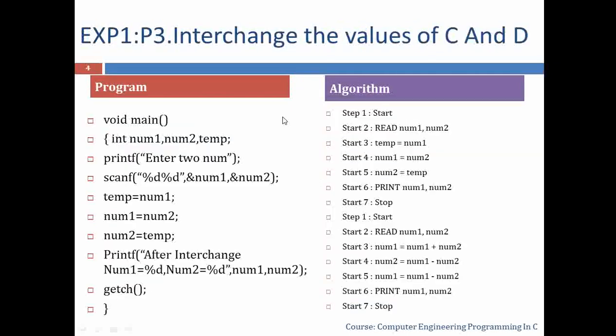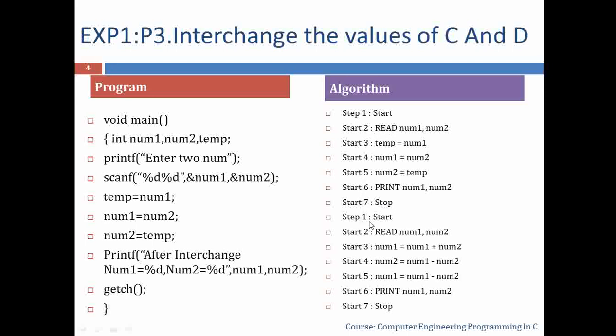The first step is read two numbers, number 1 and number 2, then assign number 1 to the temp variable, number 2 is assigned to number 1, and temp is assigned to number 2. Then print after exchanging number 1 number 2, then stop.